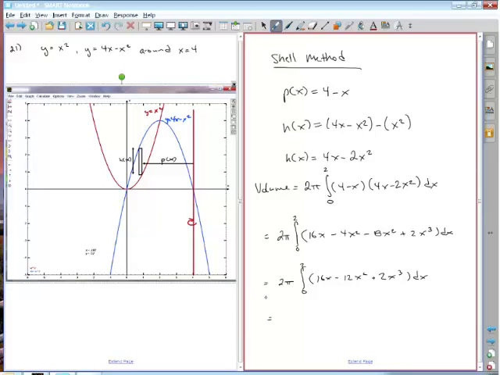And so we integrate now. And did I do something wrong? No, okay. So we integrate, and what we will get is 16 times x squared over 2 minus 12 times x cubed over 3 plus 2 times x to the 4th over 4.